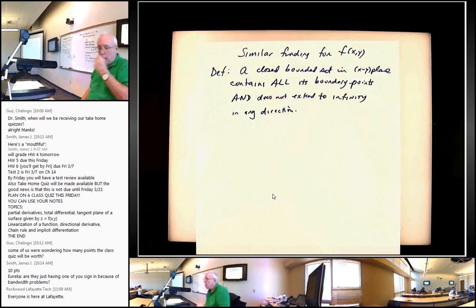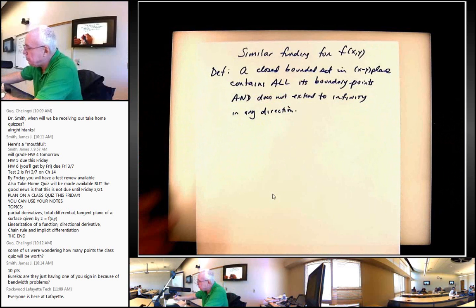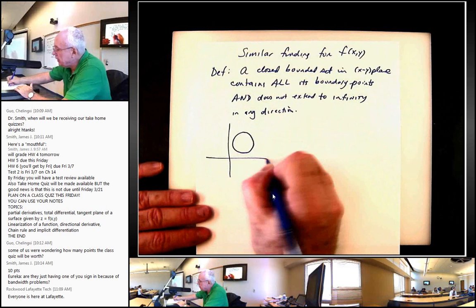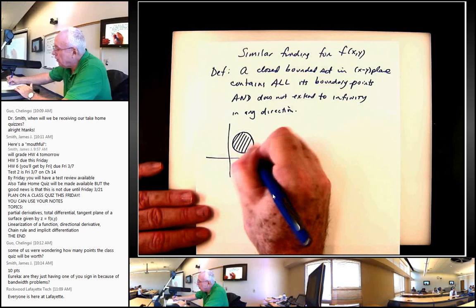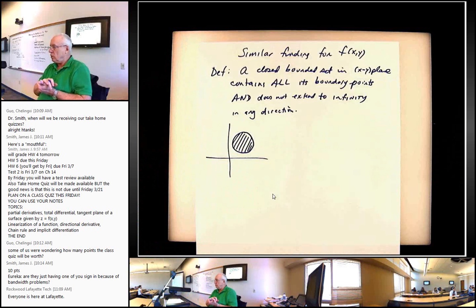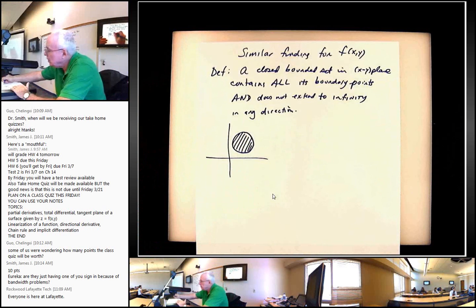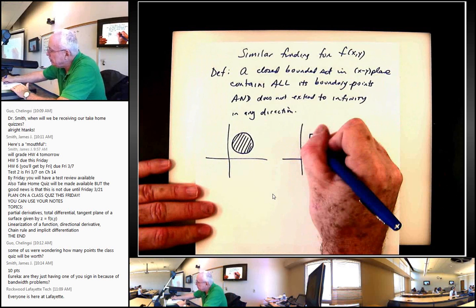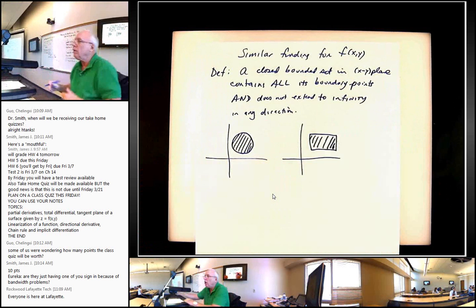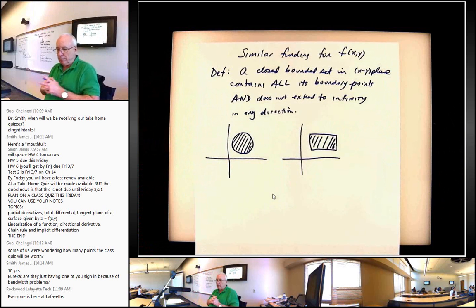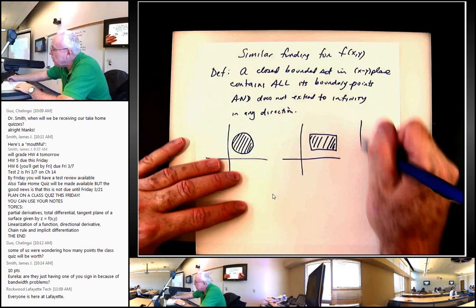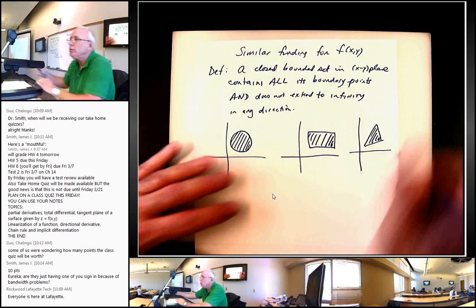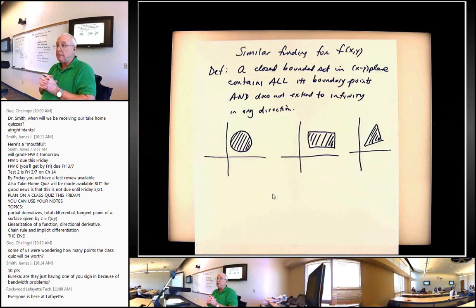All right. So examples would be a circle on the XY plane that includes all of the circumference of the circle. That's a closed bounded set. Another example would be a rectangle on the XY plane that includes all of the sides of the rectangle. Or we could have a triangle in the XY plane that includes all the points on the three sides.